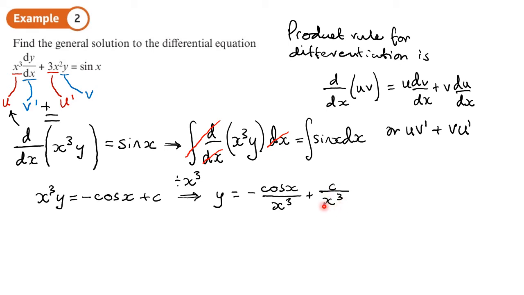This will vary. So don't be tempted to change that to a single letter. We can't do that, because all parts of this expression must be constant for you to be able to do that. So in this particular example, this would be our final answer once we've used this method.